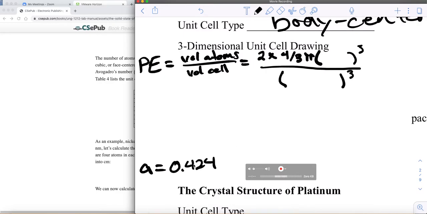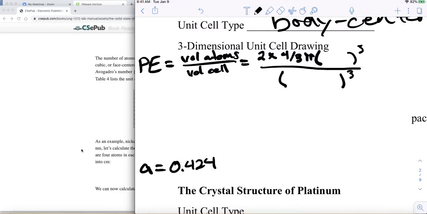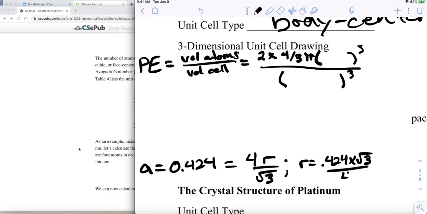All right, so coming back here for sodium, if this is my A value, the thing I want to keep in mind is that for a body-centered cubic unit cell, A is not 2R, but A is actually going to be 4 times R over the square root of 3. And so now if I solve this equation for R, it is going to be 0.424 times the square root of 3, all divided by 4. And now I can find what that R value should be.